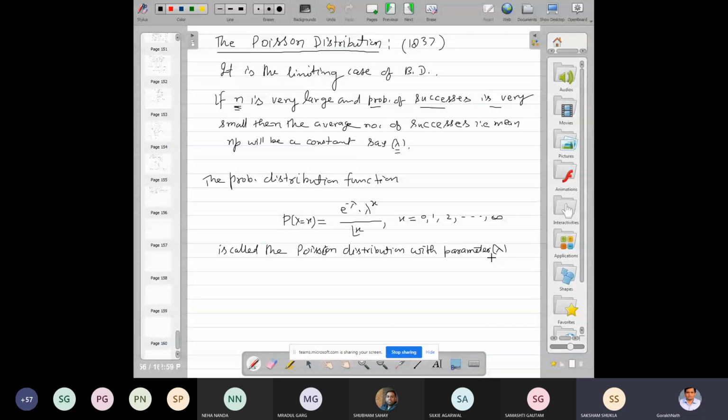It has only one parameter, lambda. To determine this distribution, we need to determine lambda.